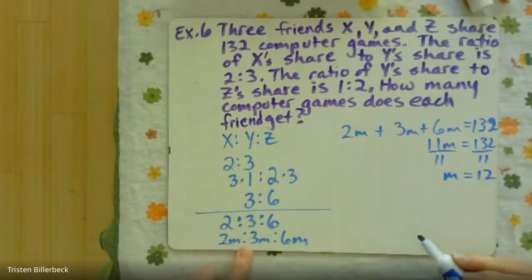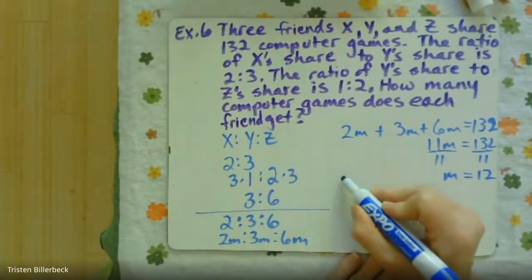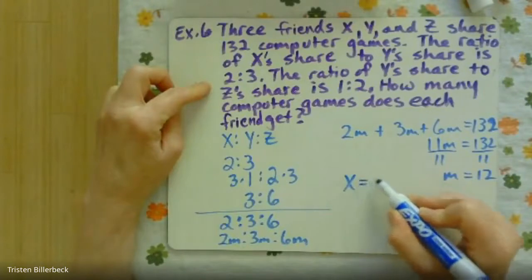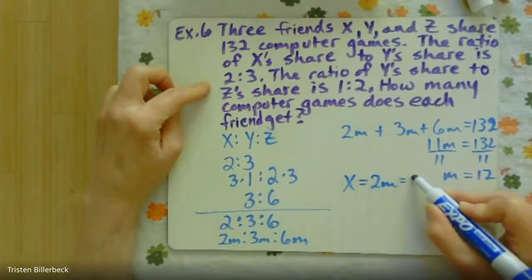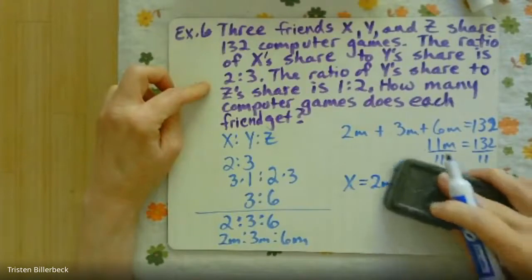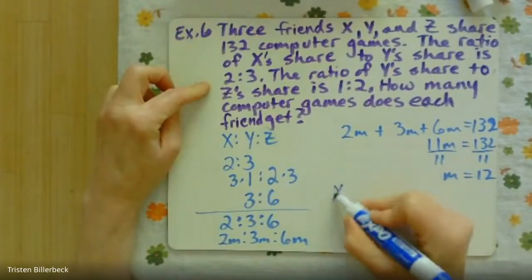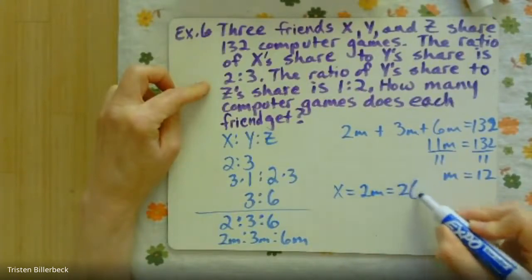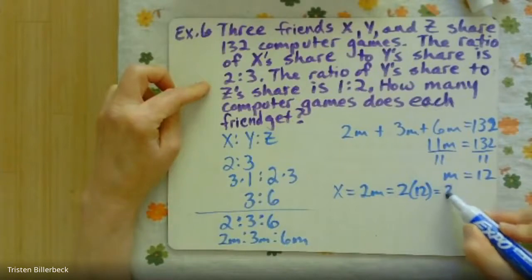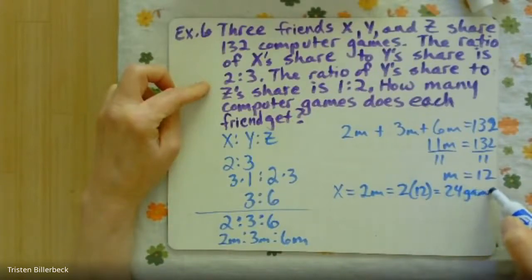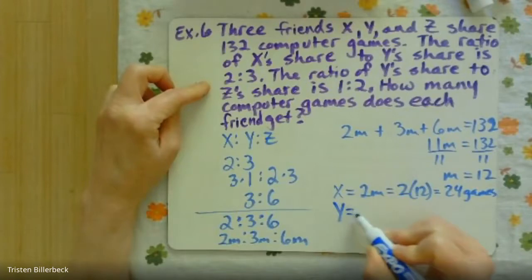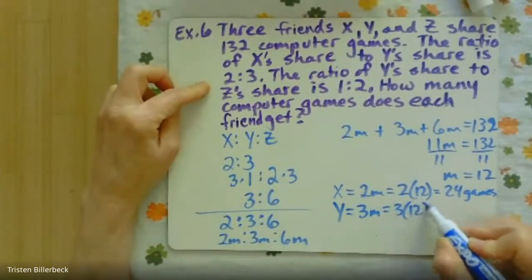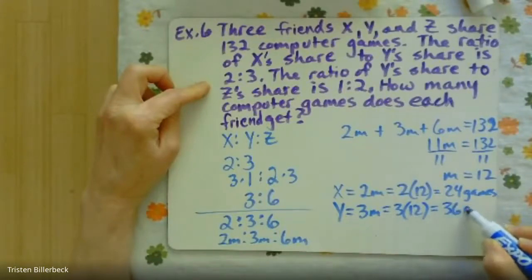So we can go back to where we had X, which is 2m. Let me write it down here. X is 2m, which is 2 times 12, so that's 24 games. Y is 3m, which is 3 times 12, which is 36 games.